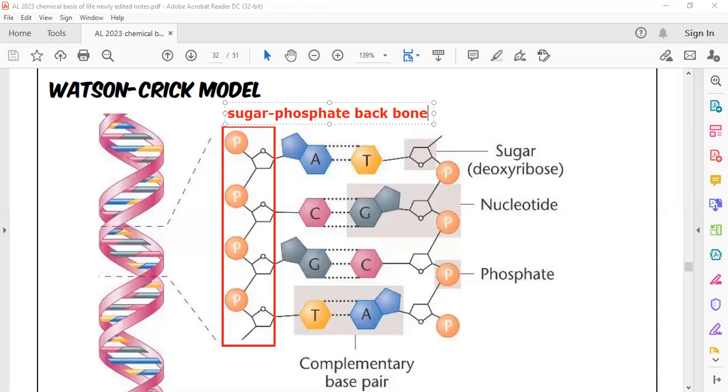Are you clear? Have you marked the sugar phosphate backbone? Right. My children, this is a chain, correct? Again, imagine it like a chain.